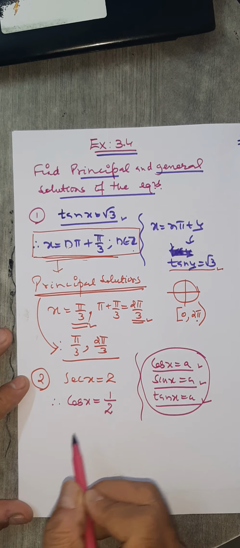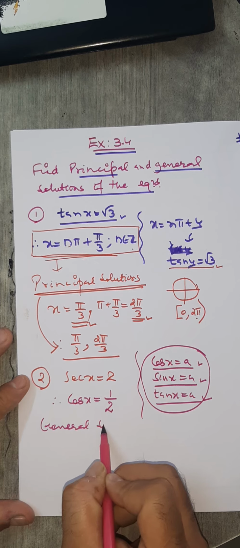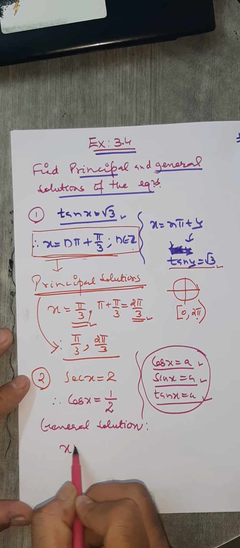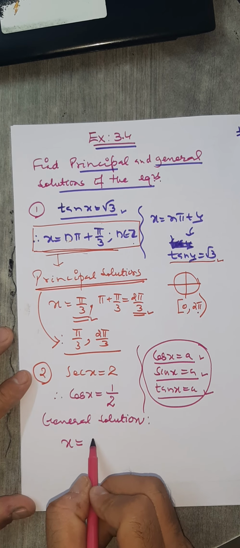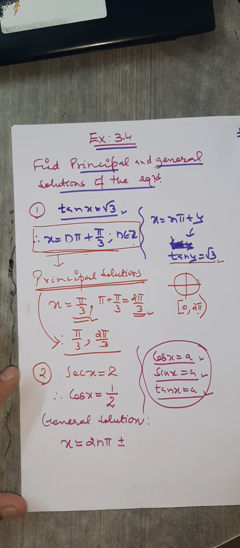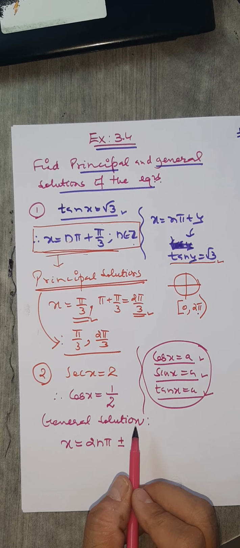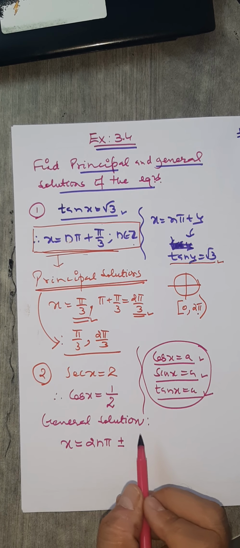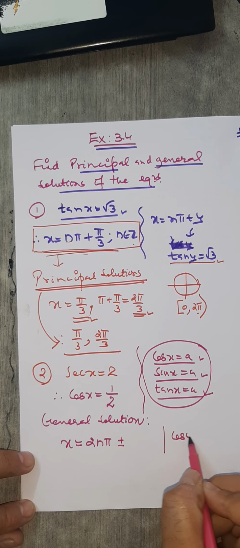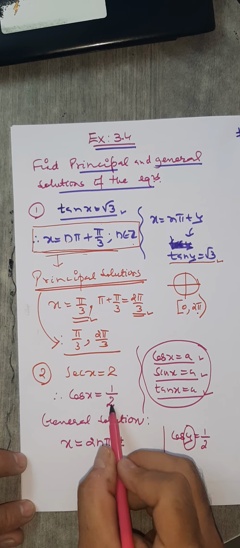1 by 2. So for the general solution, you just need to use the formula, that is x equals, for cos, 2n pi plus or minus y, where y is the first angle for which cos y becomes 1 by 2. You know that this is pi by 3.